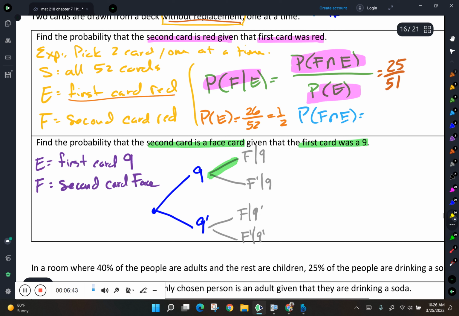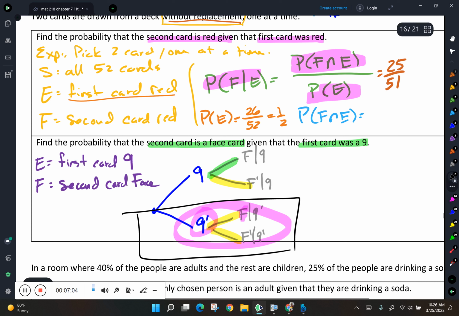So I'm not even going to bother with the others, and I'm just going to tell you that these two down here are really hard to calculate. The reason is, what if this was a face card? How would that affect this? And what if it was not a 9 but also not a face card? That's a more complicated problem for later. We're just going to look at the one we care about.